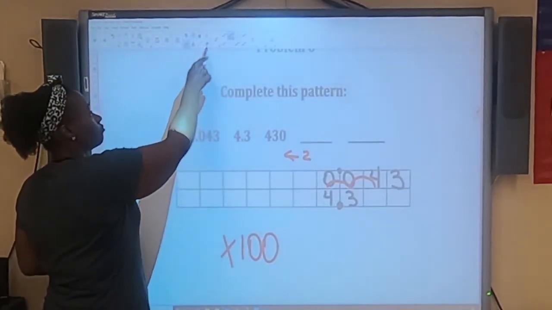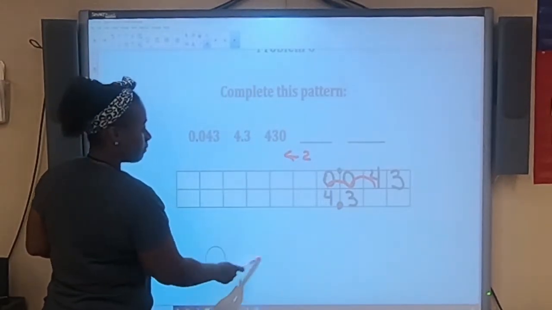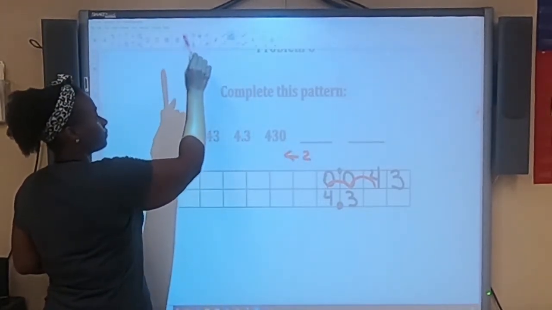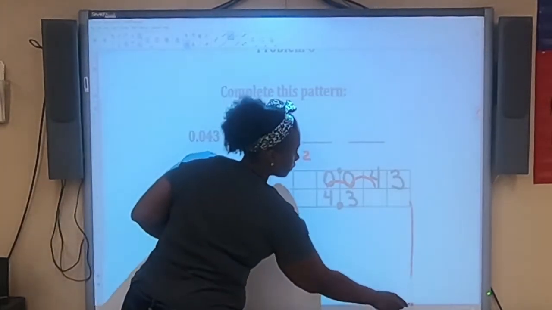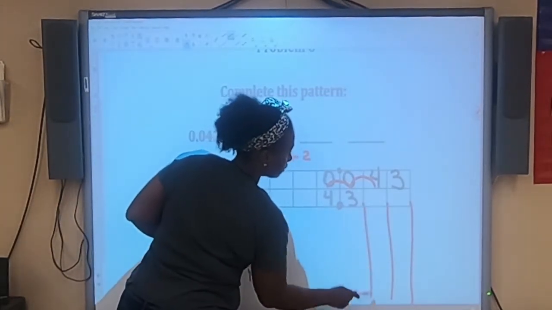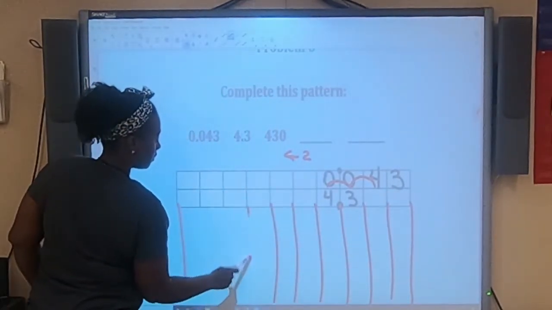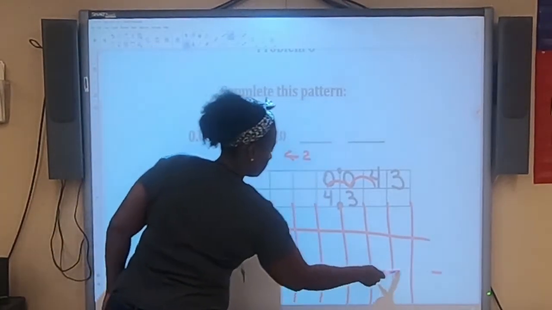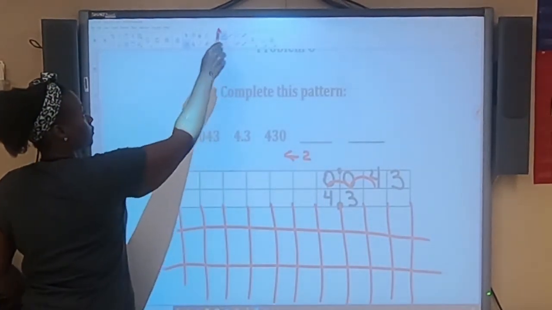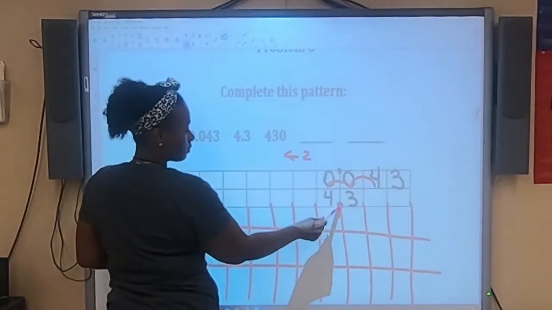So I'm going to draw another place value chart to help me figure out my next number. So in my chart, I'm going to just continue this one. That's the easiest thing to do. Okay, so I'm going to start with 430. Notice here's my decimal.